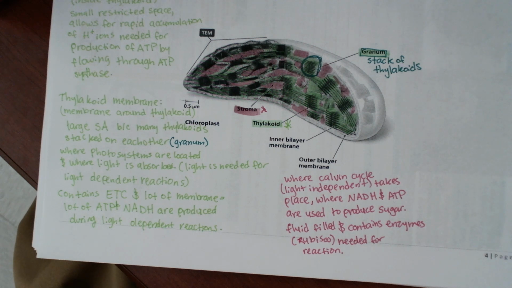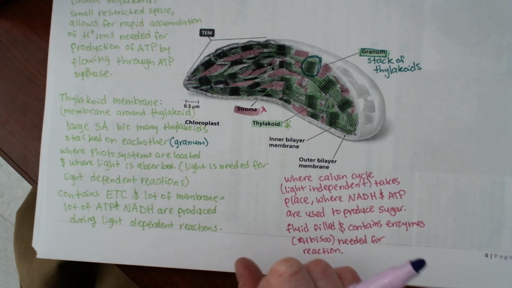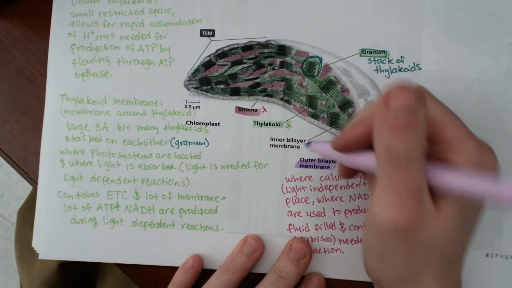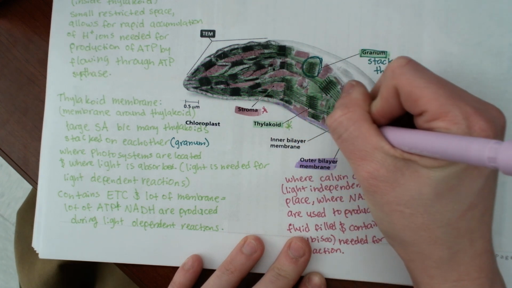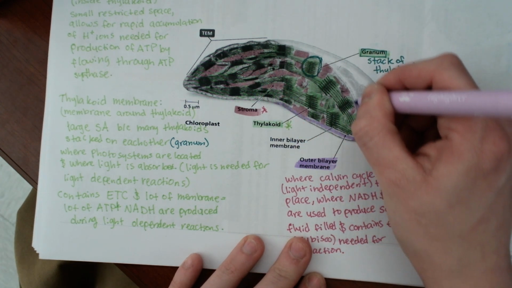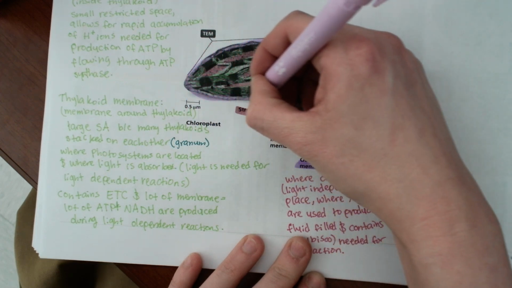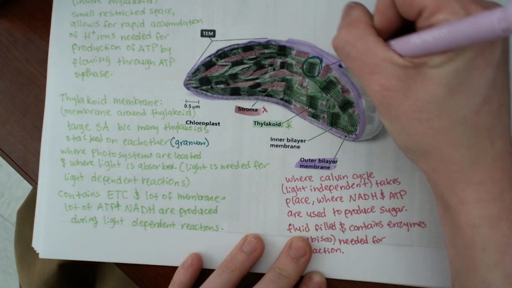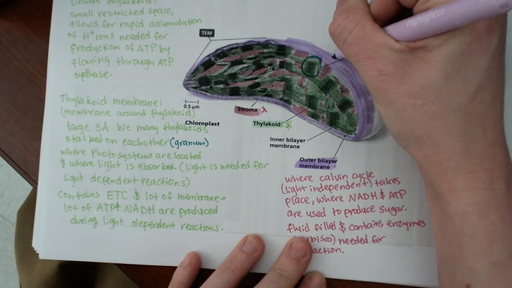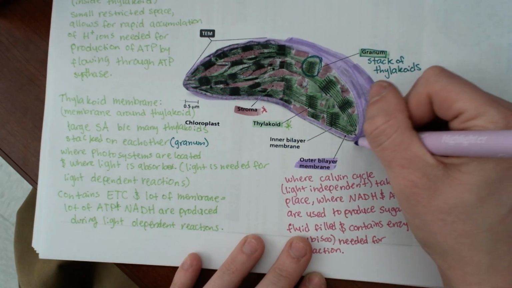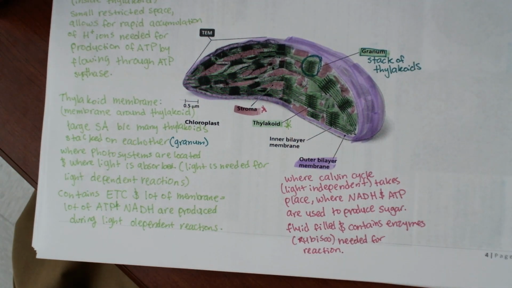You also have your inner and outer membrane. Specifically, your outer bilayer membrane is important. I tell you, organelles are not my most favorite thing. Maybe I should have done the outside green. Oh well, it's too late now.